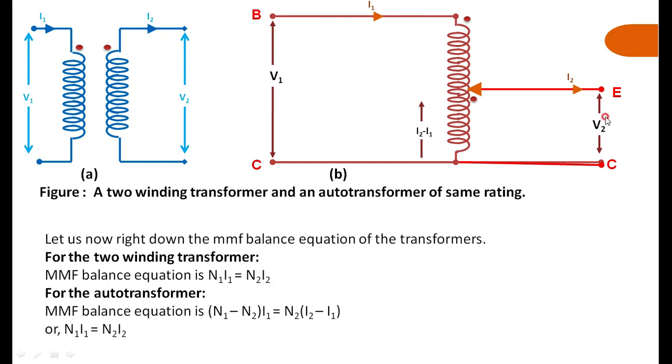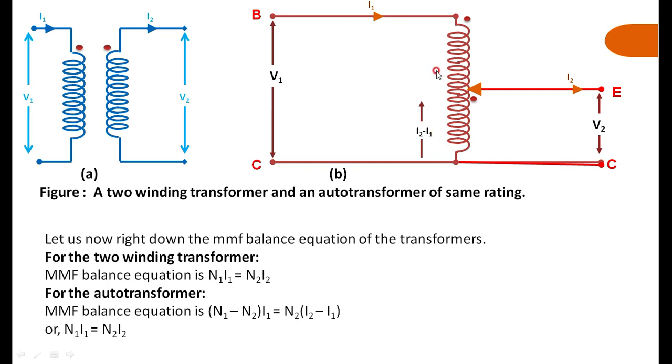Then if you look into the auto transformer, once again the MMF balance equation is for the windings BE and EC, because they have got only one winding here. Therefore, you have to make the balancing equation of the MMF between the winding BE and EC, that is B to E and E to C. The number of turns in BE is N1 minus N2, because the total number of turns between B and C is N1 and the number of turns between E and C is N2.